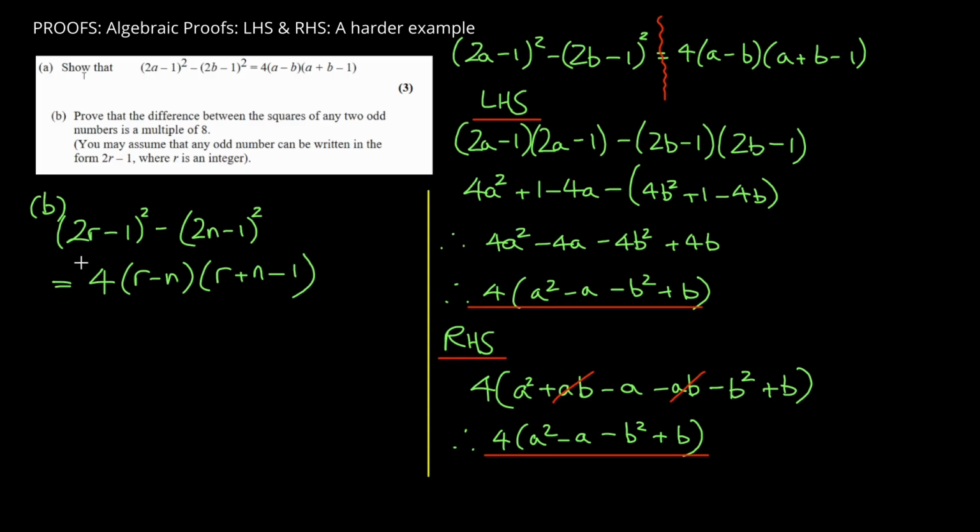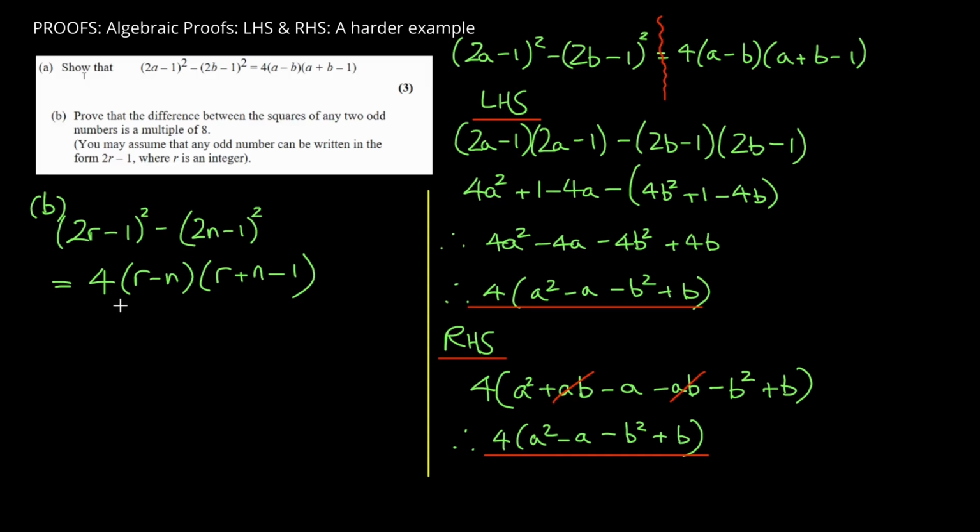Well, it's certainly divisible by 4, but can we say it's divisible by 8? Going back to the start, we know that 2r minus 1 is odd and 2n minus 1 is also odd, but we don't know whether r or n are either odd or even.